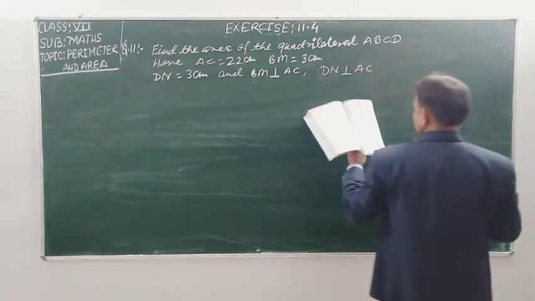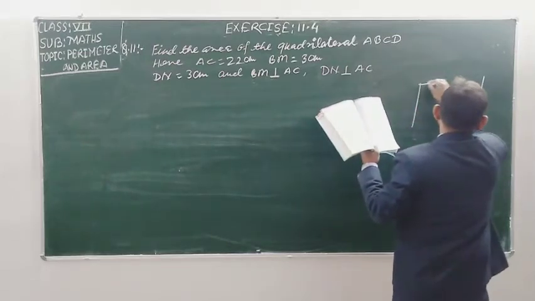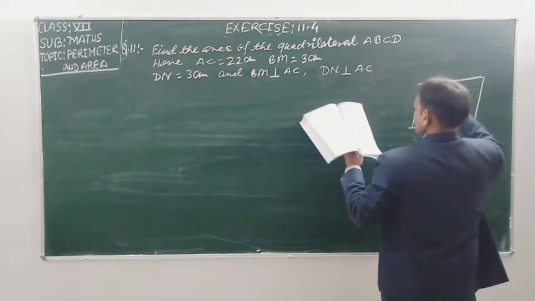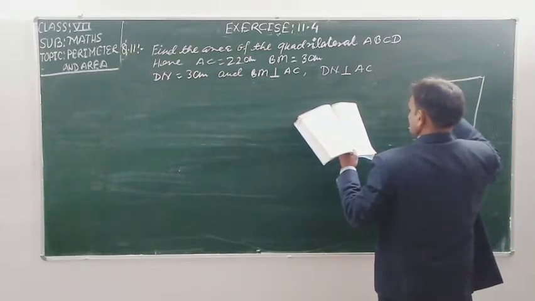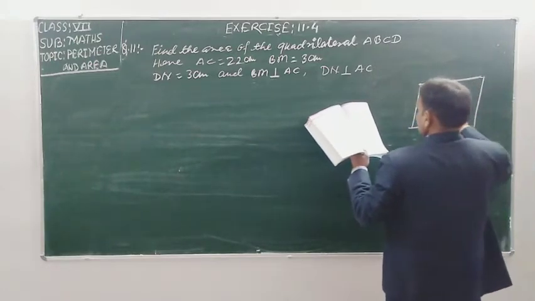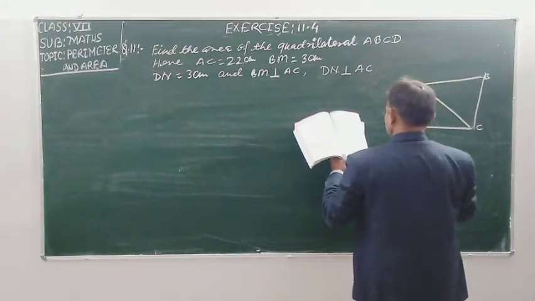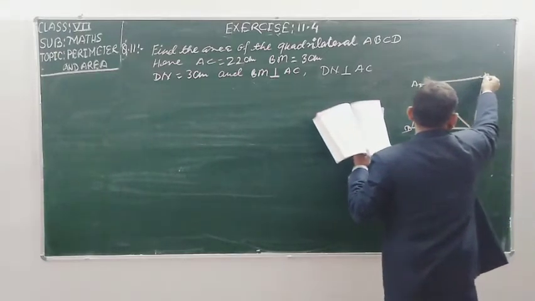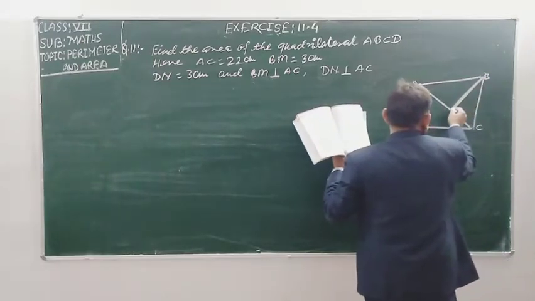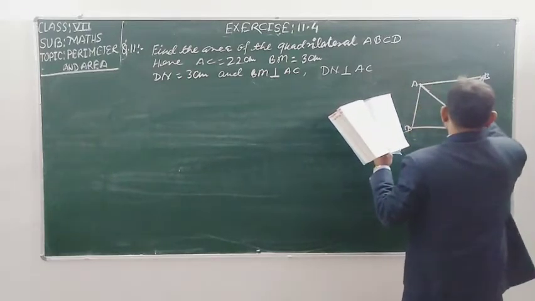And the figure is given, student. A, B, C and D. BM is perpendicular, this line is perpendicular on AC.